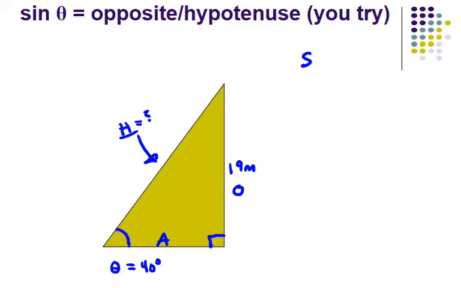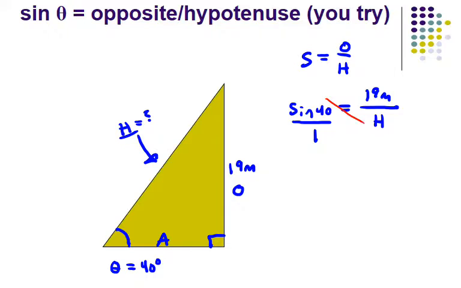Okay, so sine equals opposite over hypotenuse. So we have the sine of 40 equals the opposite, which is 19 meters, over the hypotenuse. There's a very common mistake here, and you may have done this, where you just multiplied sine of 40 times 19, but you got to be careful here with your algebra because what we're looking for is the denominator. So we can cross multiply. The sine of 40 times the hypotenuse equals 19 meters.